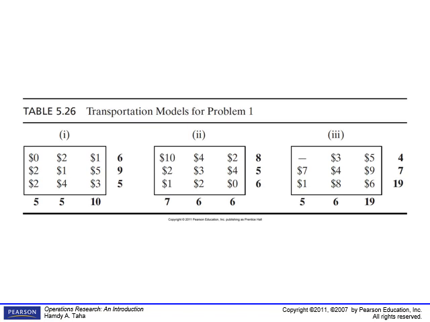You will find that the Vogel approximation gives the minimum cost but has more steps, and you will find that in most cases the northwest corner has the higher starting solution value, but it's easier than the least cost and the Vogel approximation.